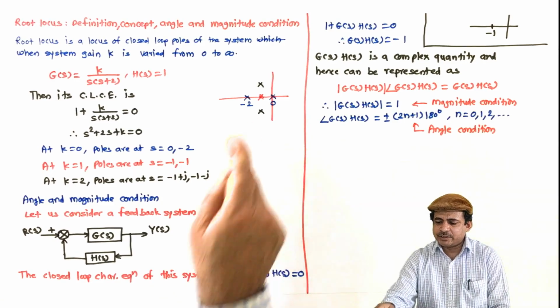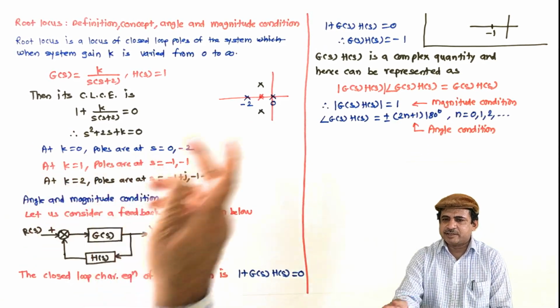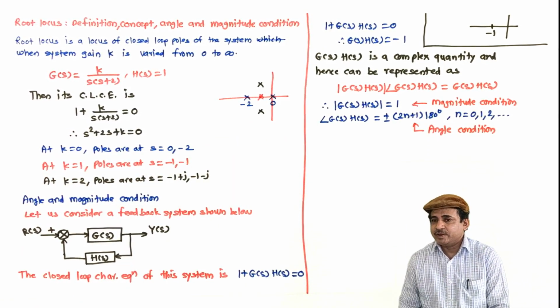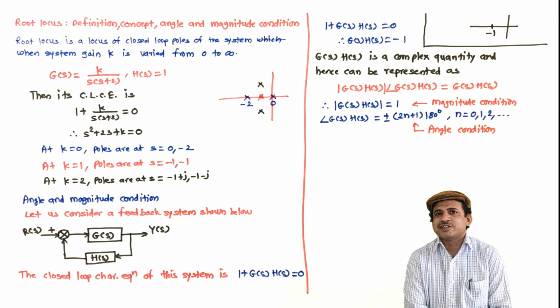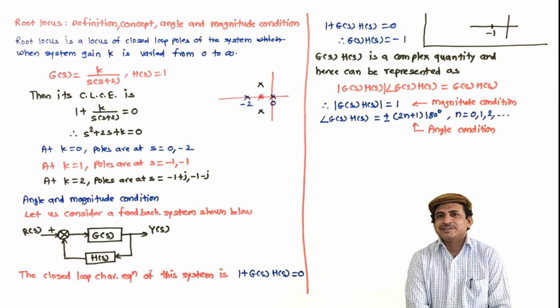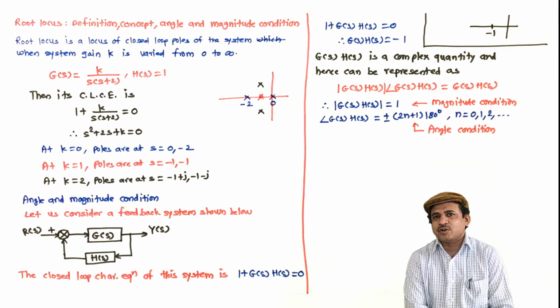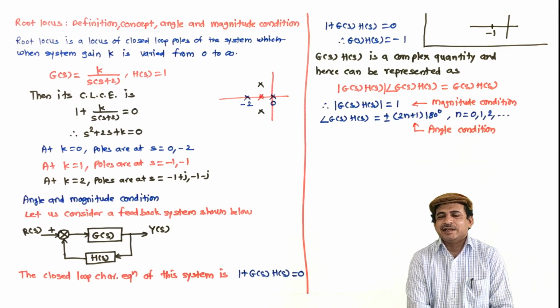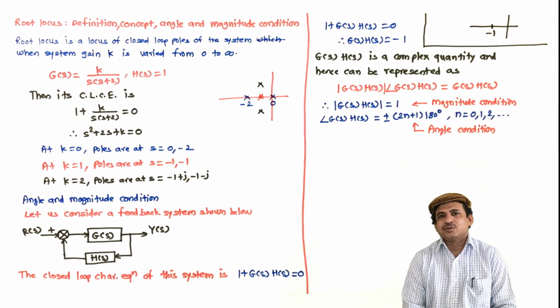Now, as we have seen, trying different cases is difficult, and Evans developed a separate methodology for sketching the root locus. So in the next lecture, we will see the properties of Evans root locus and then the procedure to sketch it. It is enough in this lecture. Thank you.